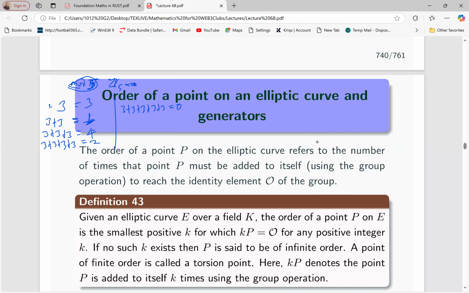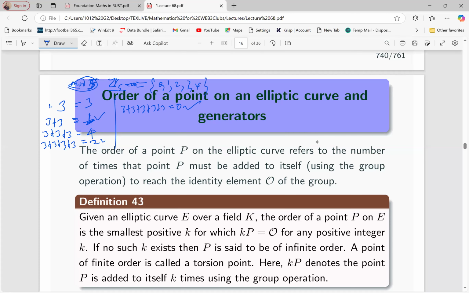So you can see by adding 3 to itself, you generate all the elements of this group, because this group has elements 0, 1, 2, 3, and 4. We generate 0, 1, 2, 3, and 4 by just adding 3.